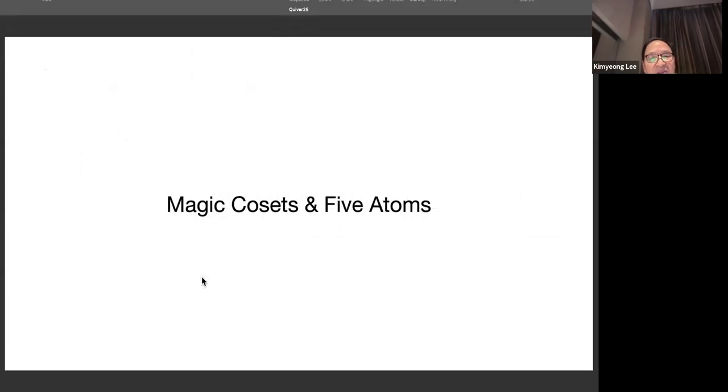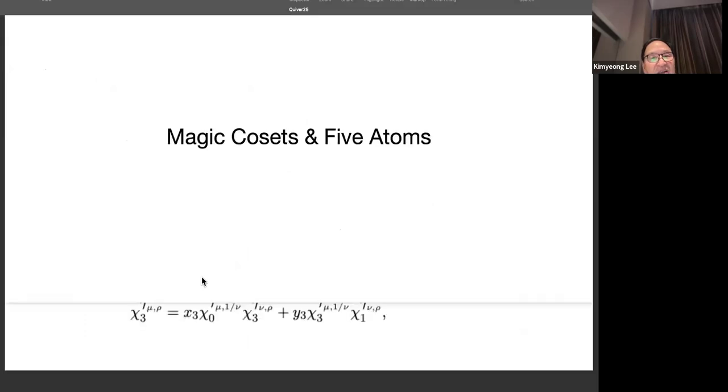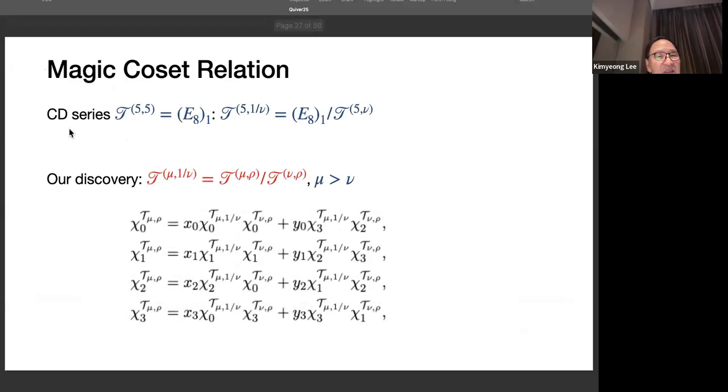Now let's look at the magic squares and the 5 atoms. So in the Cvitanovic-Deligne series case, the theory with 5 coordinate is E8 level 1 theory, basically the Ising model.